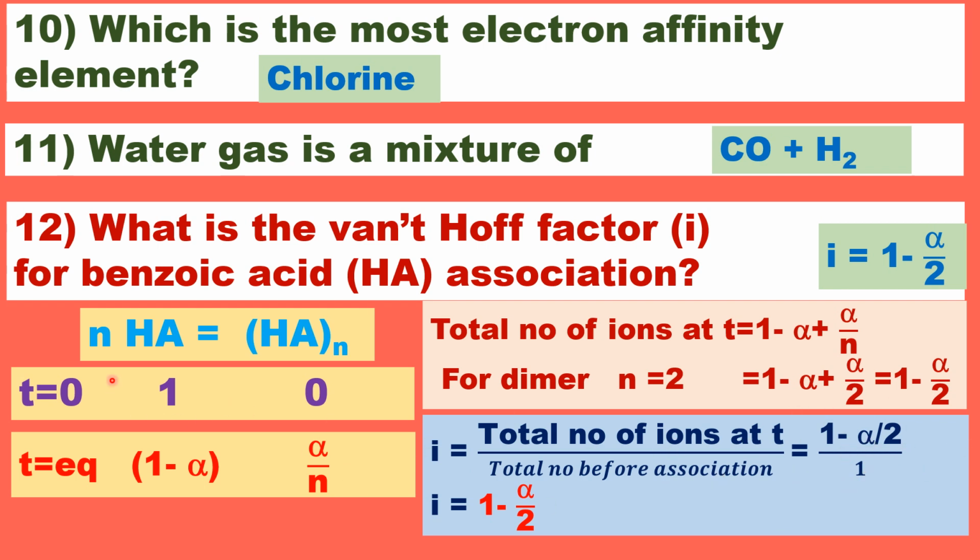You will get the same i value whether you take 1 mole per liter or C moles per liter initial concentration, because C will be cancelled. So total number of particles at equilibrium is 1 minus alpha by 2, divided by total number of moles before association, 1. Therefore, i equals 1 minus alpha by 2.